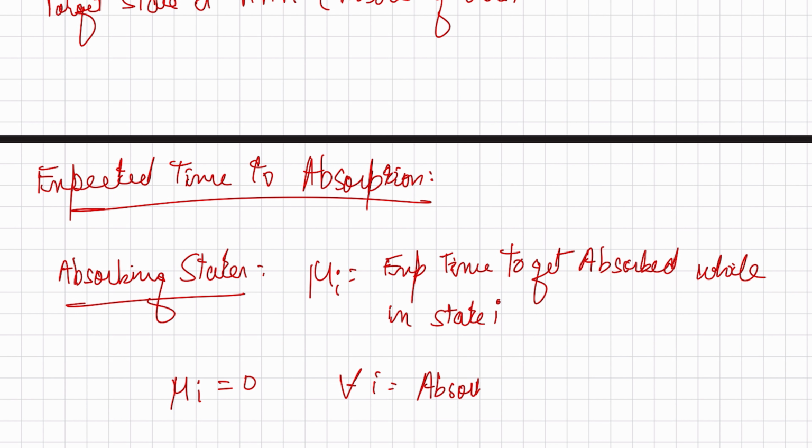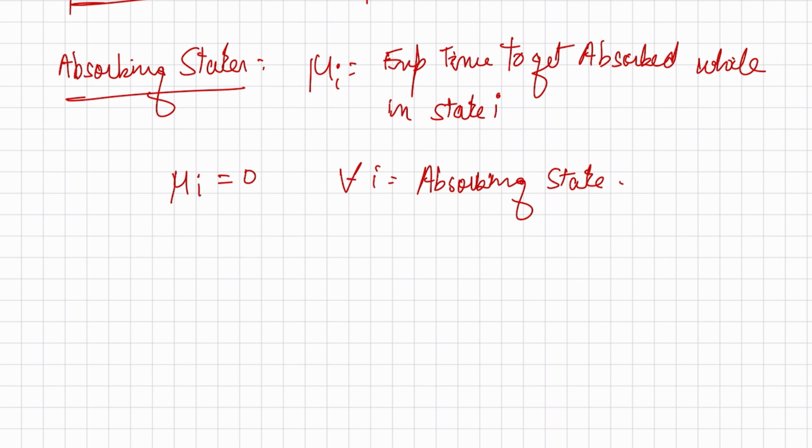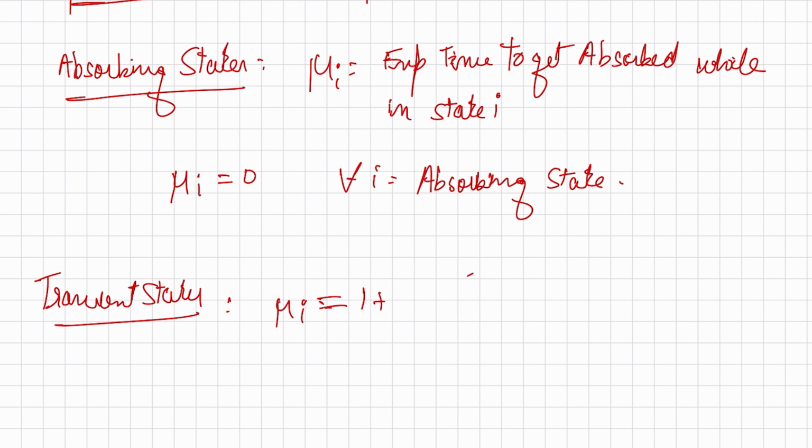The reason is because if you're in an absorbing state, then that means you're already absorbed. There's no time required further to get absorbed, right? It's only for the transient states we'll see something else. So for transient states, mu_i is going to be equal to 1 plus sigma over j of mu_j times the probability of i to j.